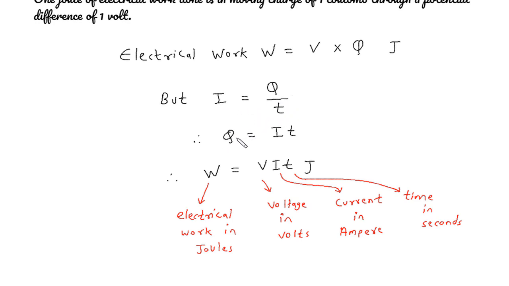Therefore, Q is equal to I T, and if we replace this Q by I T, then we get electrical work W equals V I T joules, where W is the electrical work in joules, V is the voltage in volts, I is the current in ampere, and T is the time in seconds.